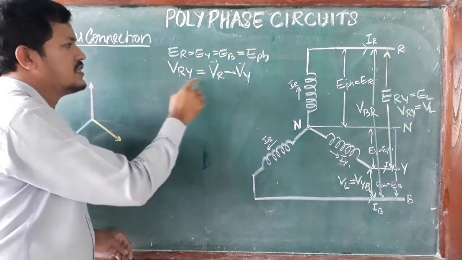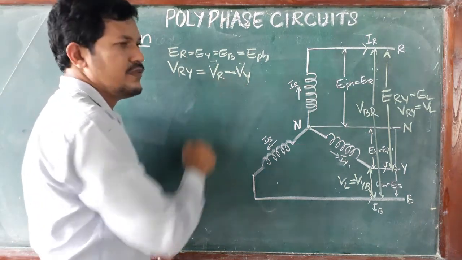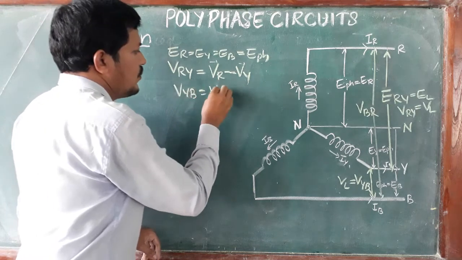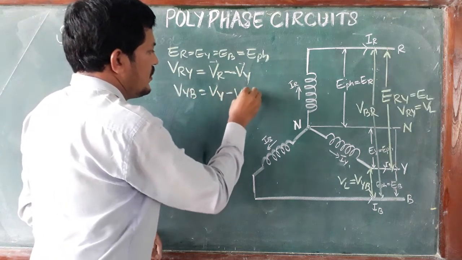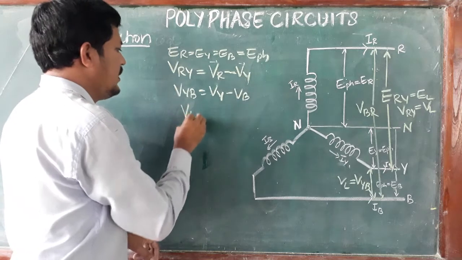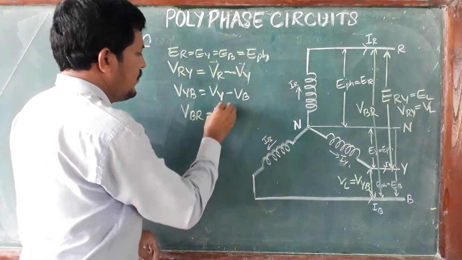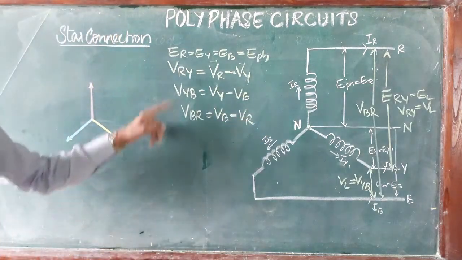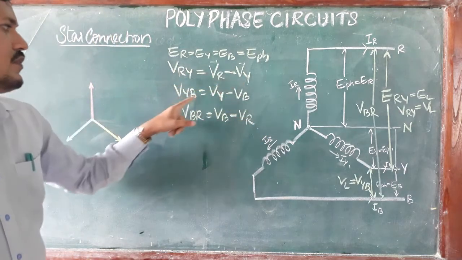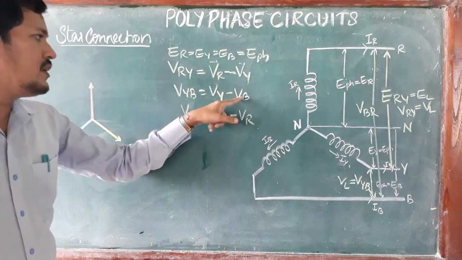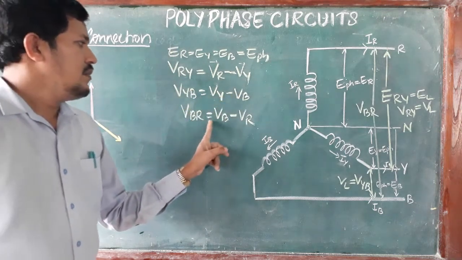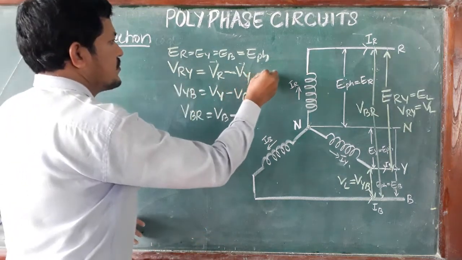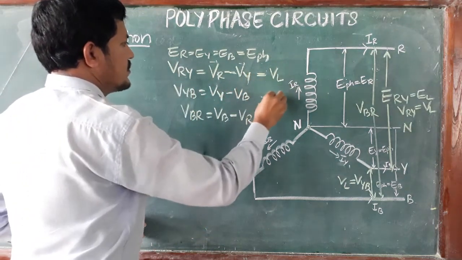So VRY means VR minus VY, VYB means VY minus VB, and VBR means VB minus VR. All are vector calculations. And next is current. So these are all line voltages.